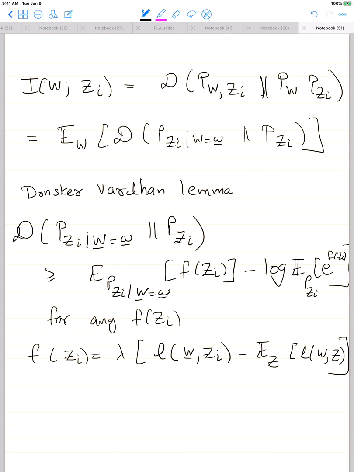Before we had L of W and S, which was the training error on all the points. This is the same term as we had before. This is our E out of W, right?